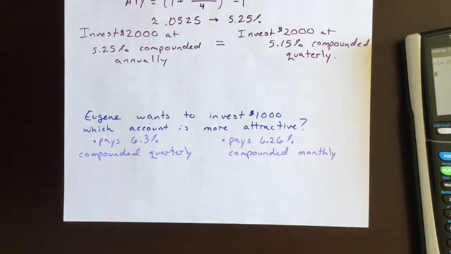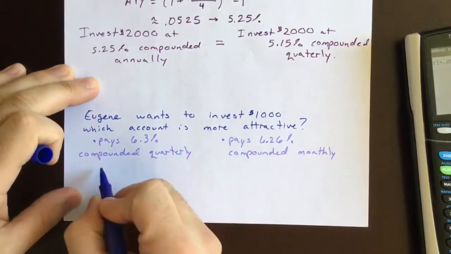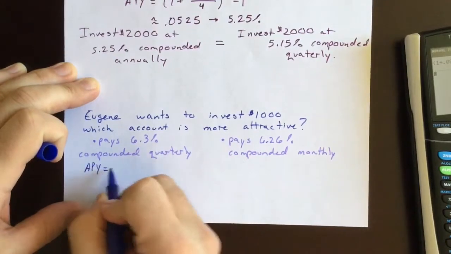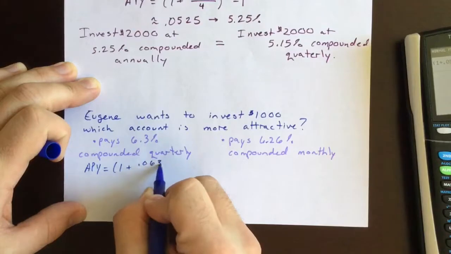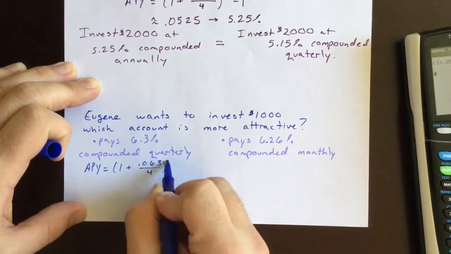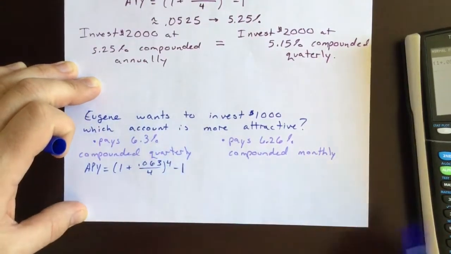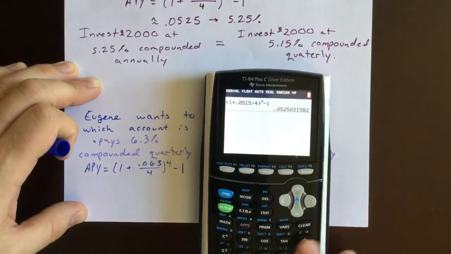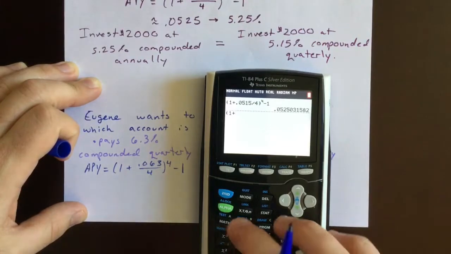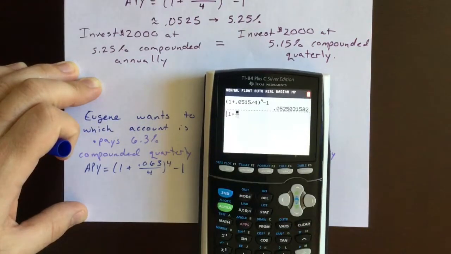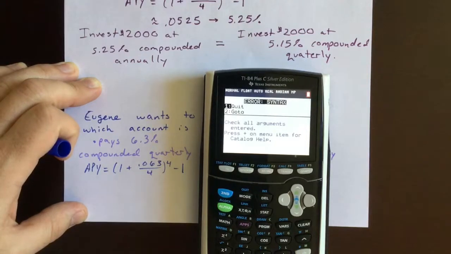So let's say for this one, our APY would be 1 plus 0.063 divided by 4, quarterly, so 4. Okay, so there we find that we get 0.063. Oh, something's not right there.